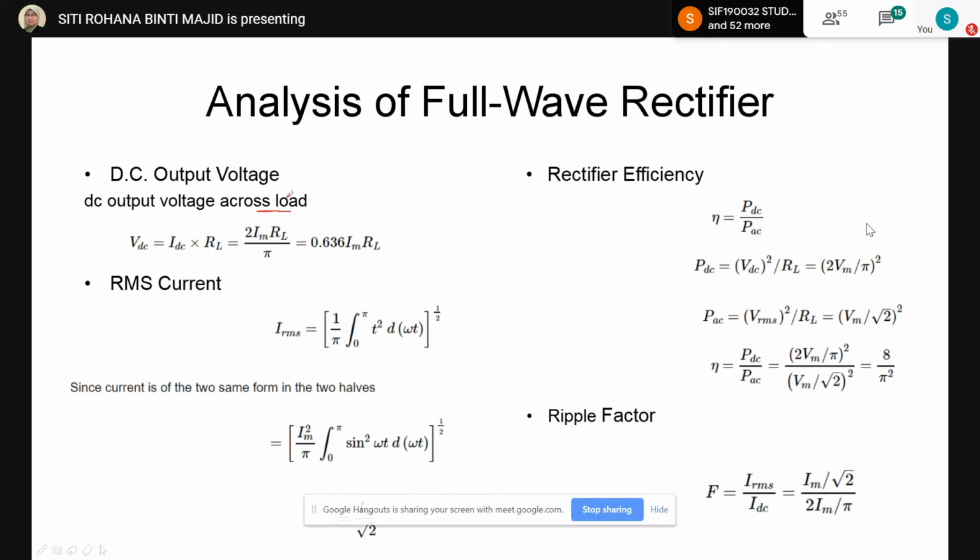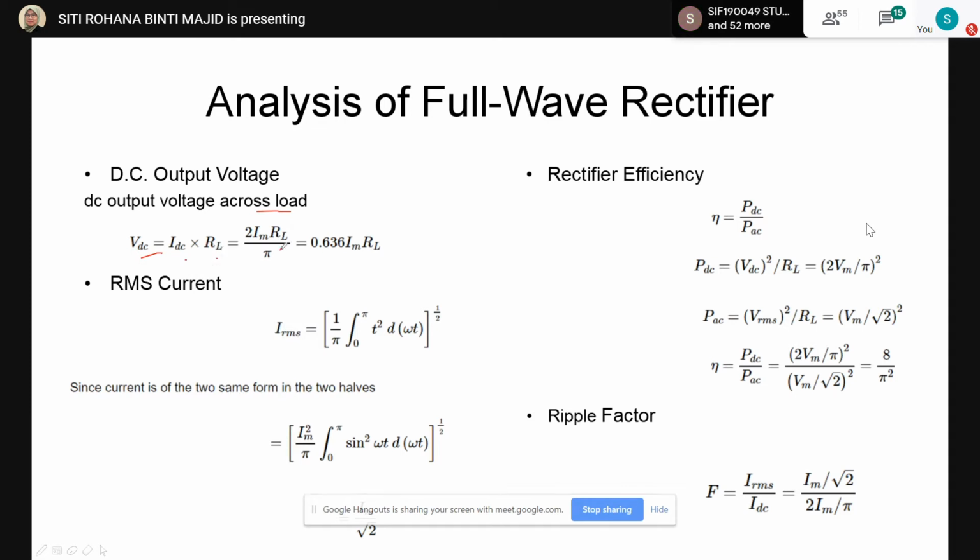The next part is the DC output voltage, which refers to the DC output voltage across a load. Because in the full wave rectifier, at the end of the circuit there is a load. So VDC can be calculated by multiplying IDC with RL.